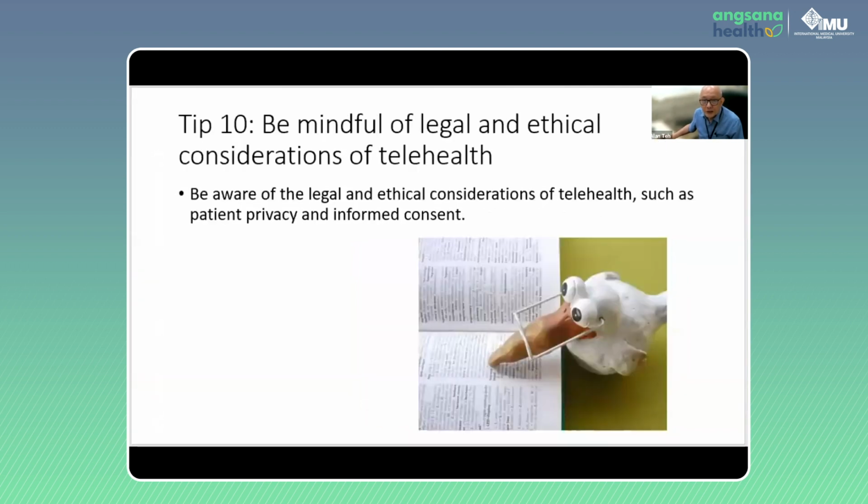Okay, legal and ethical considerations. As I think Prof. Lena mentioned, the legislation and regulation are very much behind the times. Recently, we had a visit by one of the MOH senior people to talk to us about fees.